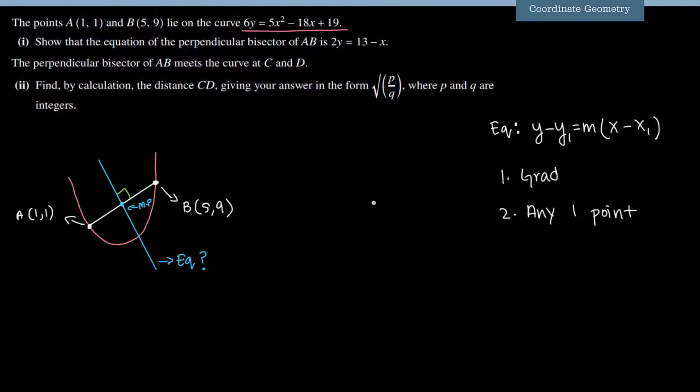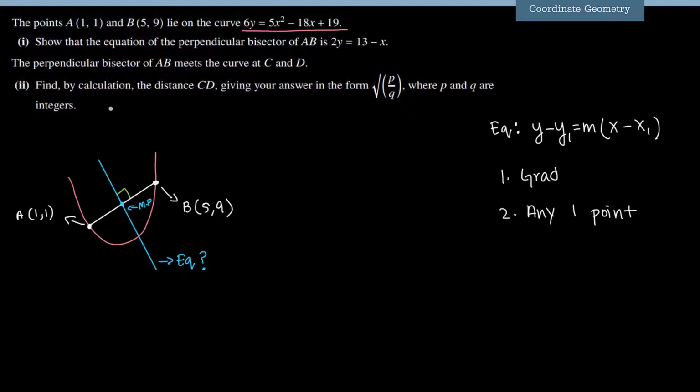Let's first find the gradient of this perpendicular bisector. I don't have any point on this perpendicular bisector, so I can't use the formula of the gradient, that is y2 minus y1 divided by x2 minus x1. I can't use this formula right now because I don't know points on this line.